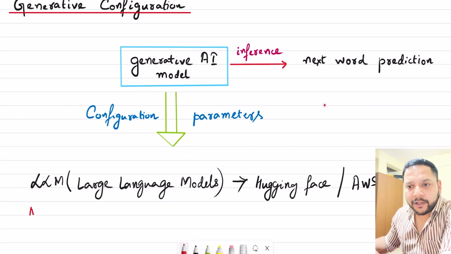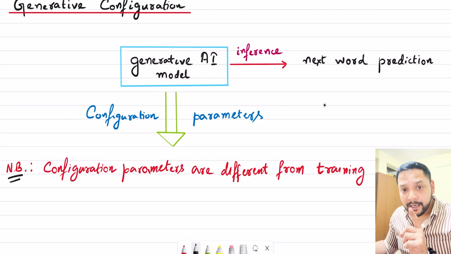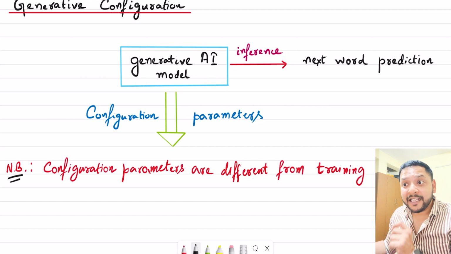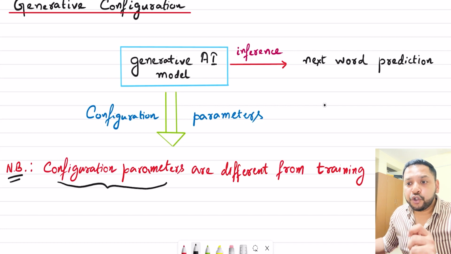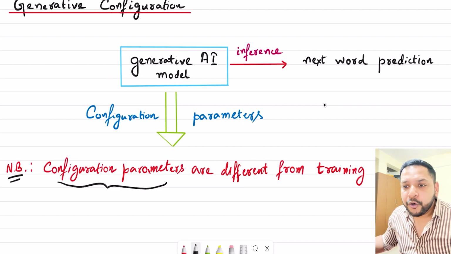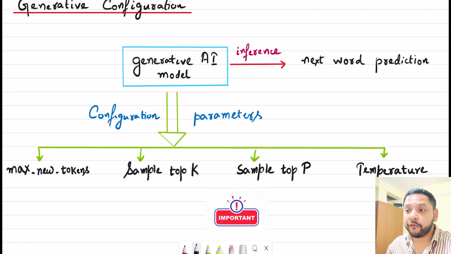One point you should note is that the configuration parameters are different from the training parameters. Training parameters are the learnable parameters which are used when you are training the generative AI model, but configuration parameters are used or invoked when you are doing inference. These are the main top 4 configuration parameters: maximum new tokens, sample top K, sample top P, and temperature.